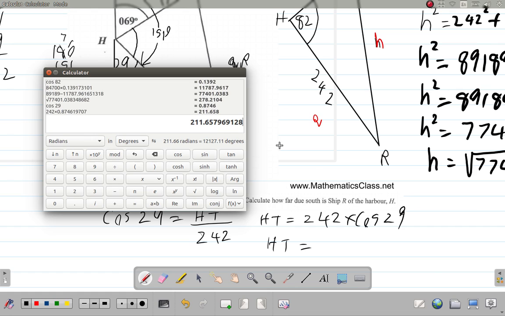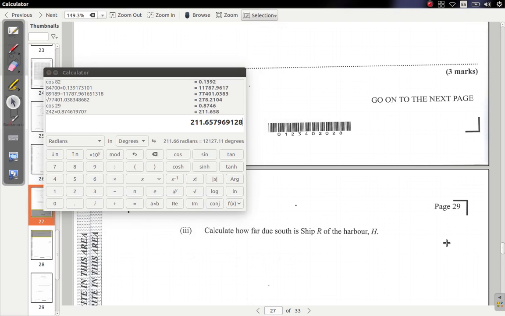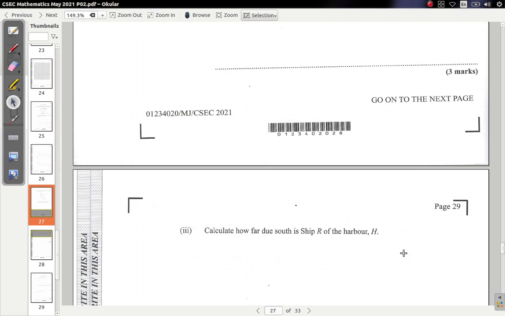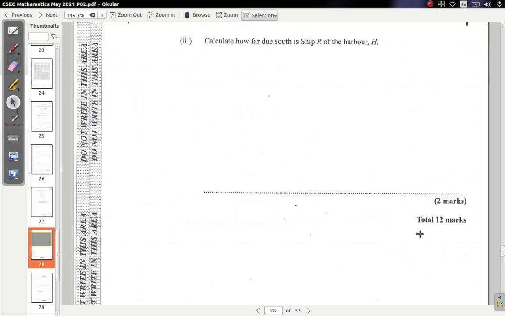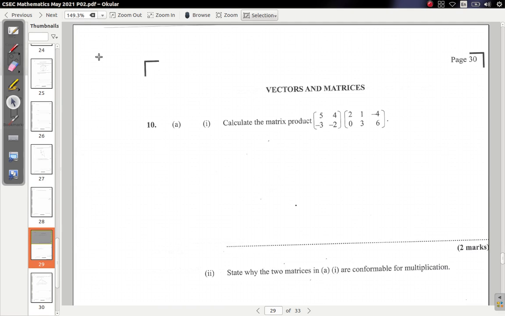To the nearest kilometer, call it 211.66 kilometers. You see that? Alright, that is the end of question 9. Now we have question 10 next.